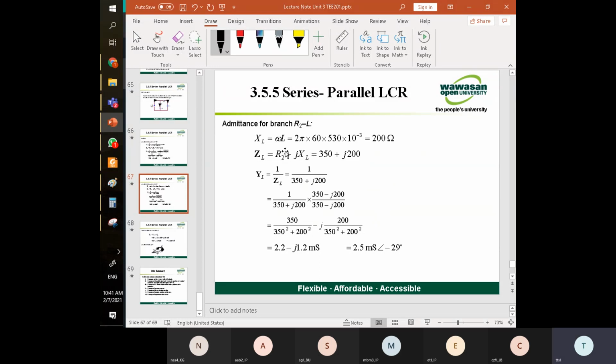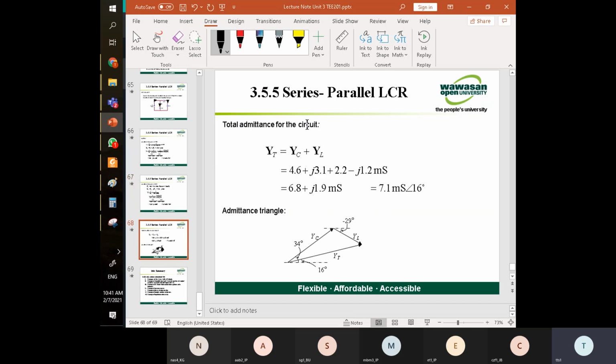You need to pay attention to this polarity when they are in series. Then the sum of all together, we use Y, just sum them all together. They call this the triangle. One is the XC, one is the XL. So this is the resultant, the total. What does it mean?